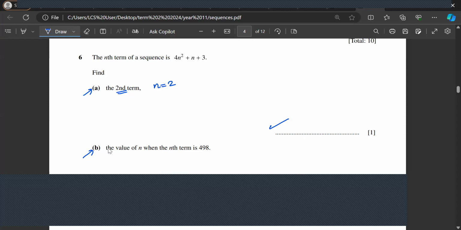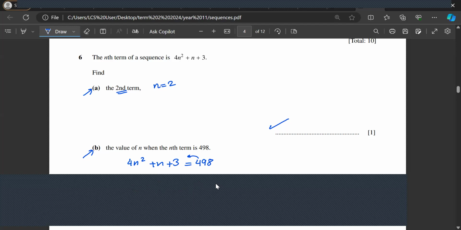But here, we need the value of n, when the nth term, 4n squared plus n plus 3, equals this number. How to do this backwards? Send this inside by negative, so it will be negative 495 equals 0.